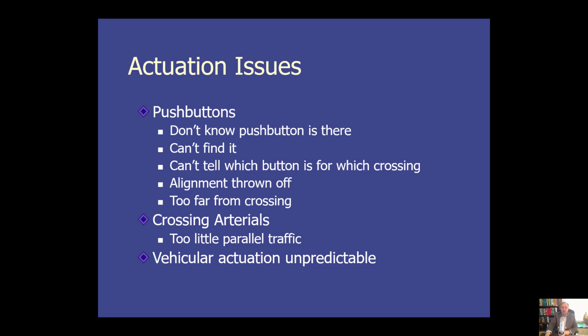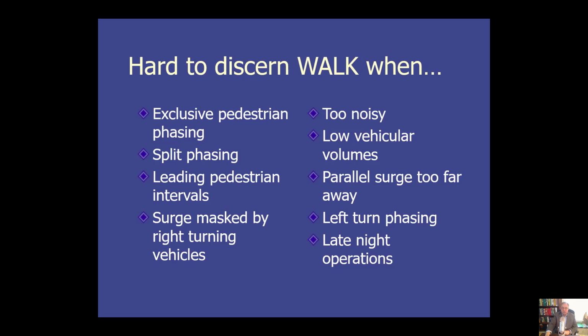And then in crossing the arterials, the big busy streets, there may not be enough parallel traffic on the smaller side streets to help. And sometimes the actuation may be not as predictable as we would like. So it's hard to determine or discern the walk phase when the following has occurred.